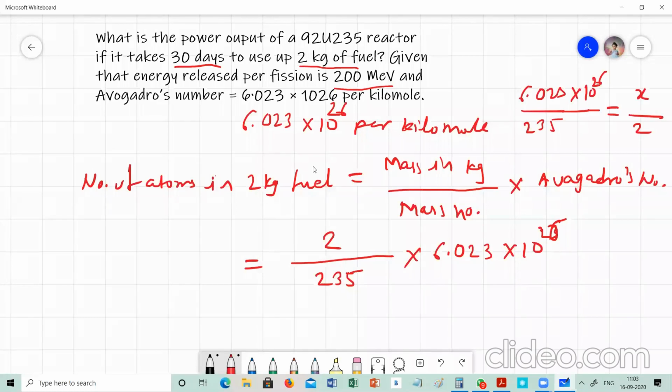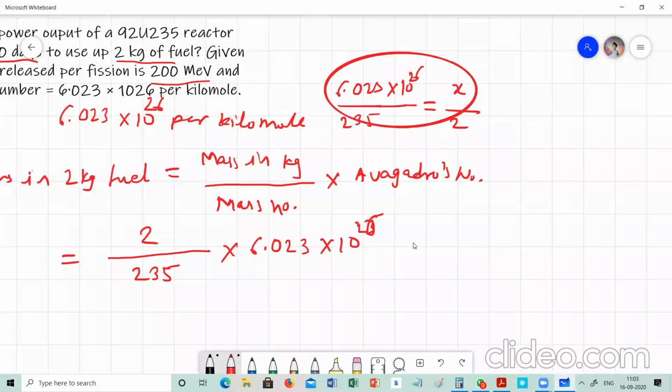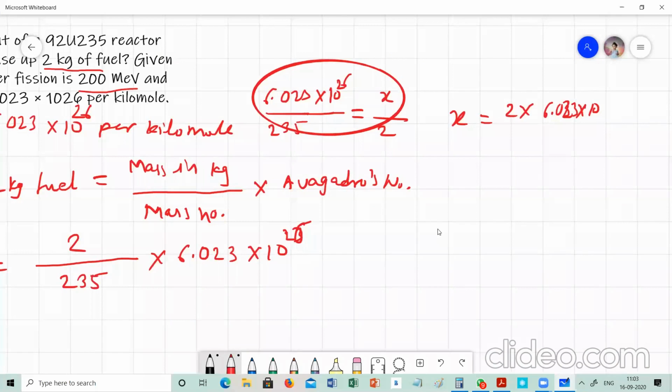So X is equal to 2 into 6.023 into 10 raised to 26 divided by 235. Okay, just maths.